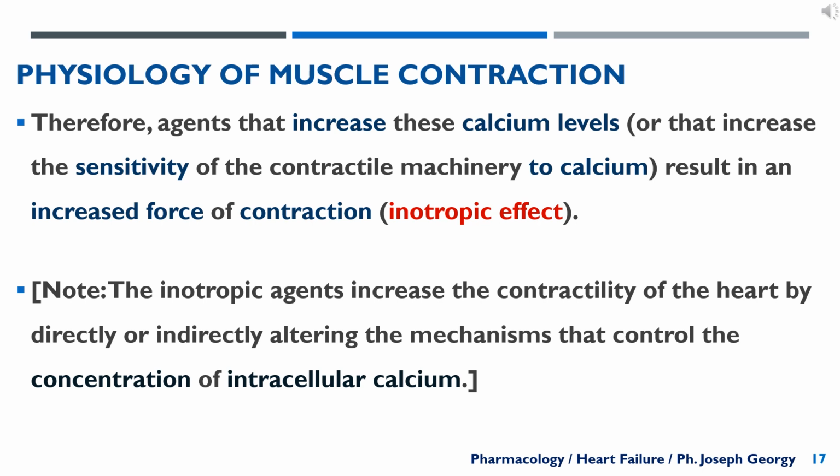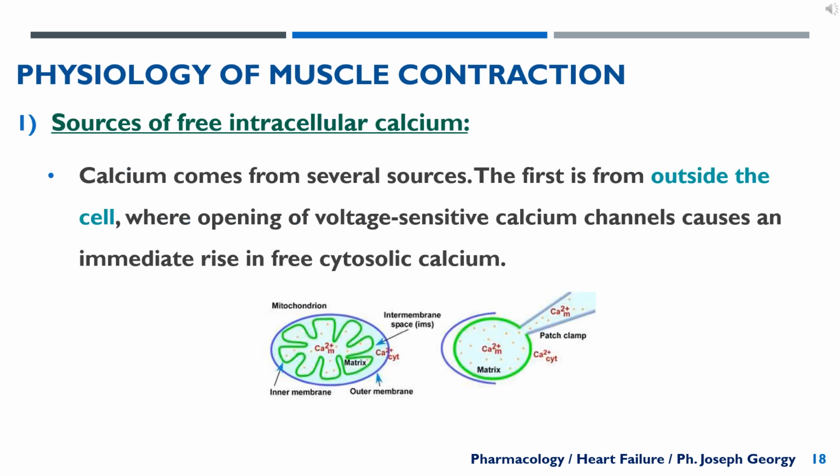And here we can say that this represents a term which is inotropic effect. We should note that inotropic agents increase the contractility of the heart by directly or indirectly altering the mechanisms that control the concentration of intracellular calcium. So the free intracellular calcium here is important.